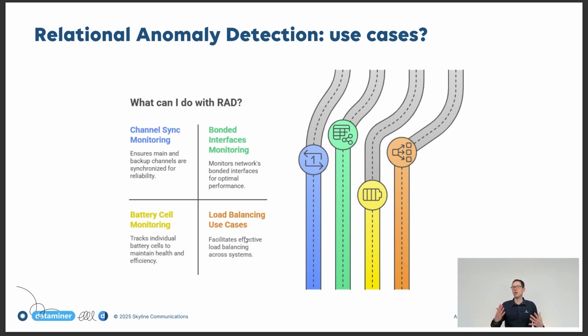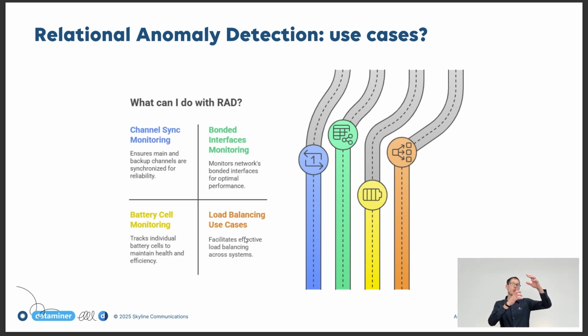Well, there are quite a lot of them. I already talked about monitoring the main and the backup channel, making sure that they remain in sync, but there's more. For example, Telenet came to us with the idea of monitoring their bonded interfaces. Those interfaces basically spread the load amongst themselves. So when there's a high load, then both of the interfaces should show a higher load.